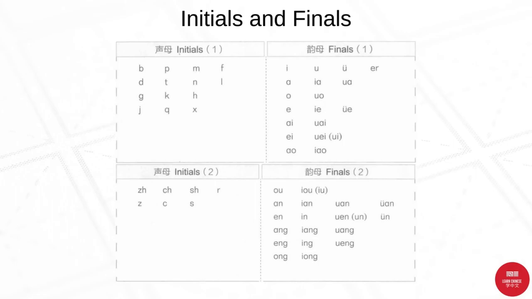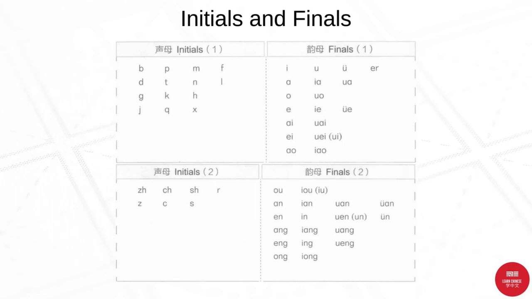So let's start with the initial 1 is P, P, M, P, T, Th, N, L, K, K, H, Ch, Ch, S, I, U, Ü, Er, A, I, Wa, O, Yo, E, Ye, Yue, I, Yue, A, Yui, Ao, Yao. Let's see the initial two.